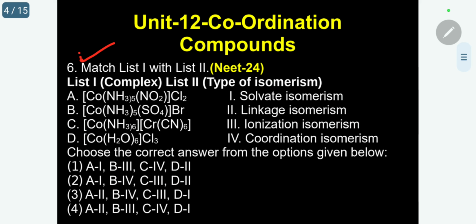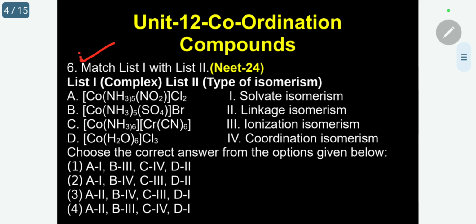Now let me come to the question. The interesting information: in cobalt, the configuration is 3d7 4s2. In the complex here, there are 3 negative ions, so 3 electrons will be released.